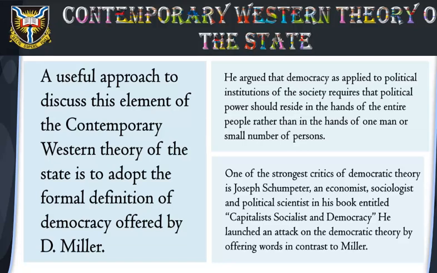One of the strongest critics of democratic theory is Joseph Schumpeter, an economist, sociologist, and political scientist, in his book entitled Capitalism, Socialism and Democracy. He launched an attack on the democratic theory by offering words in contrast to Miller.